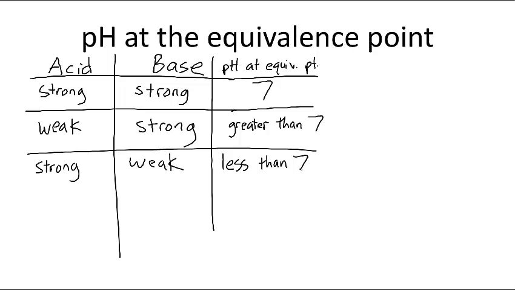So why would it be helpful to know the pH of the equivalence point? You can use this to choose an appropriate indicator for a given titration.